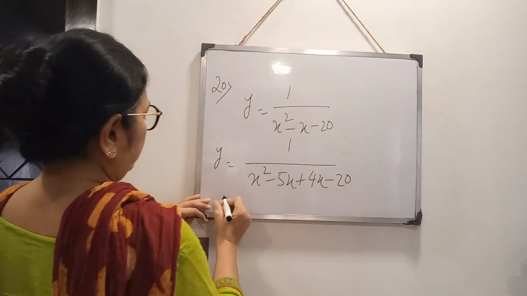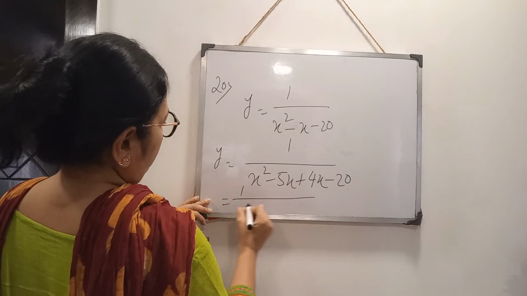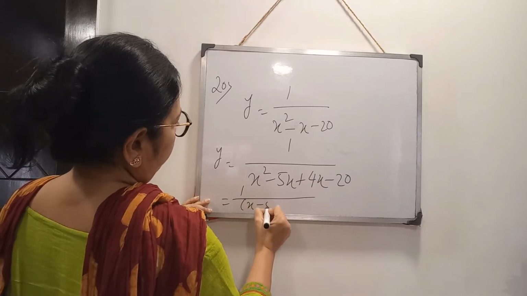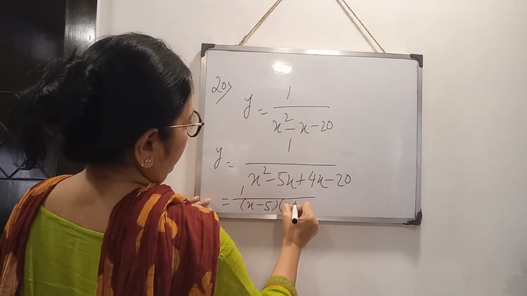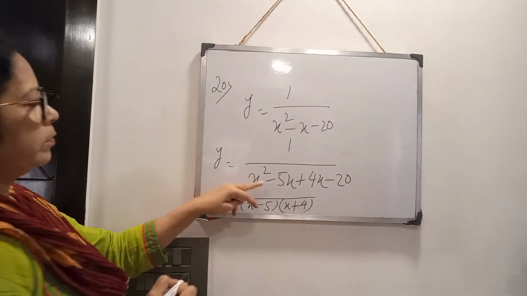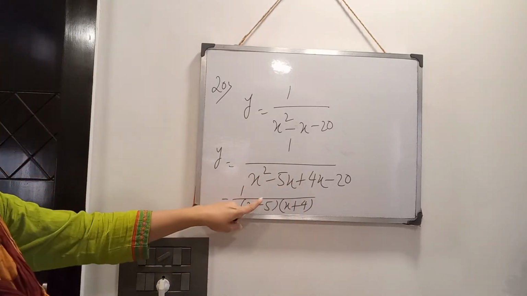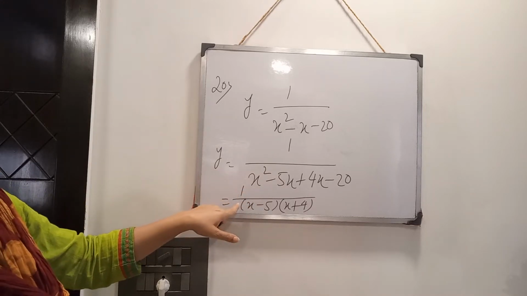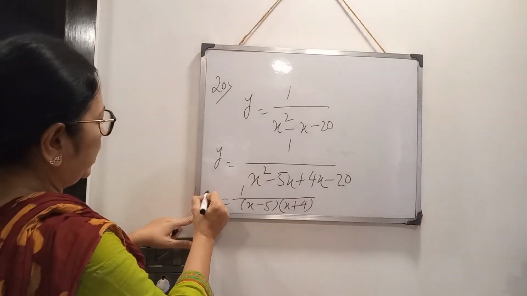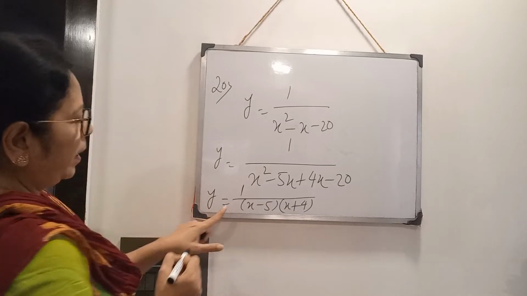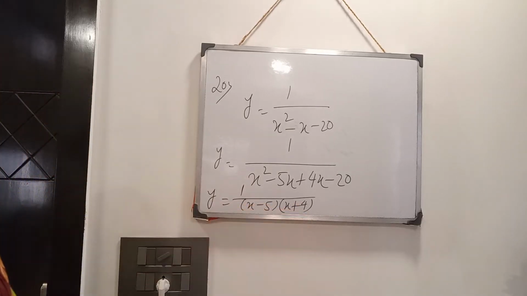Clear? Then it will be x minus 5 into x plus 4. One step I have jumped, this step you will do and complete it. So after y equals to, we are getting 1 by (x minus 5) into (x plus 4).